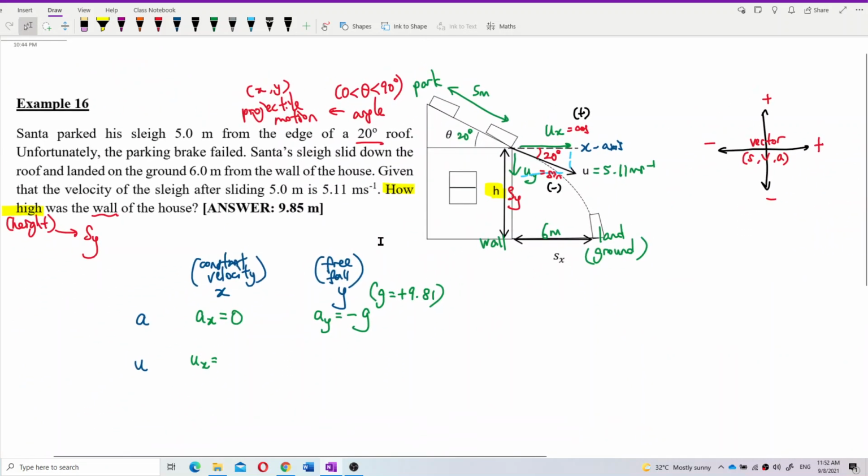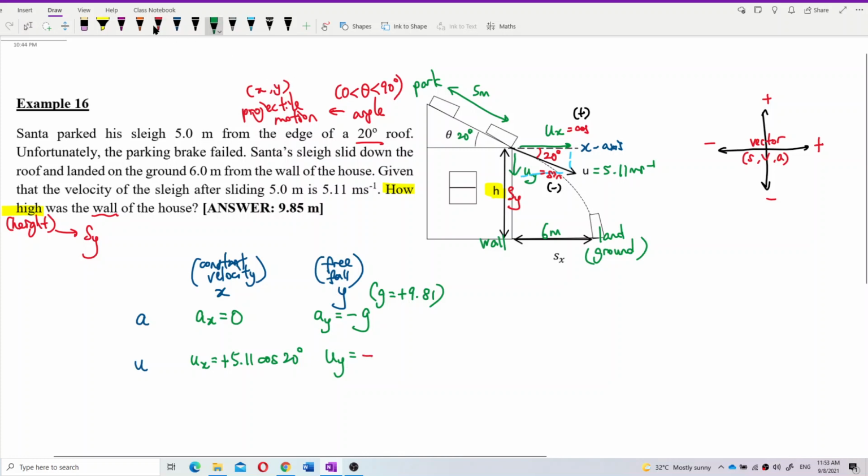Ux is going to the right, so it is positive, and we use cosine. Let us write the full one. So ux is positive u cos 20 degrees, or positive 5.11 cos 20. And then how about uy? Uy is going down, and going down is negative.